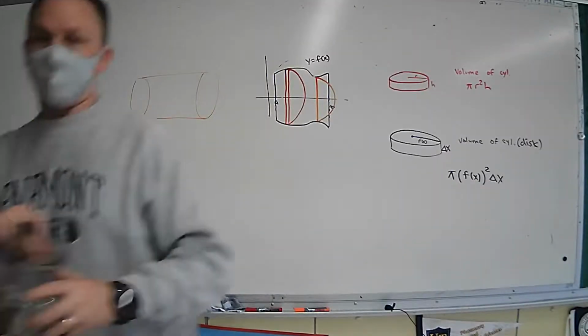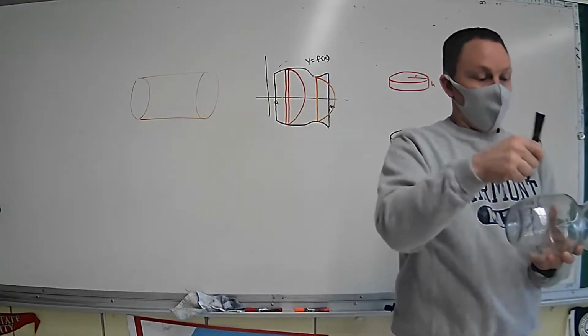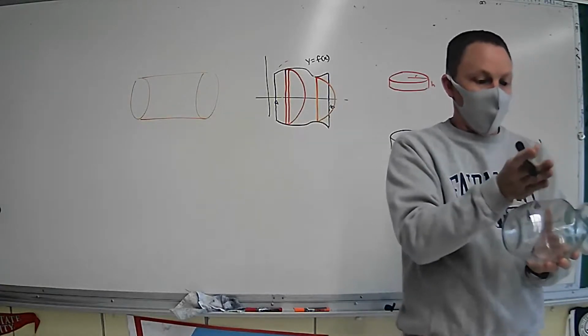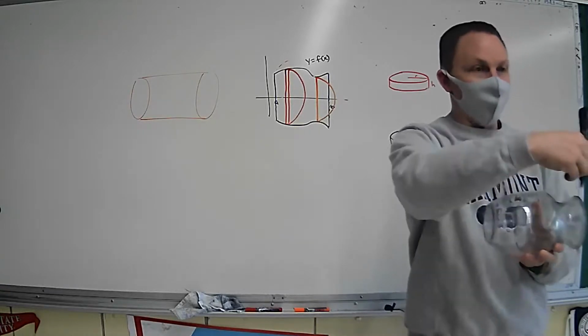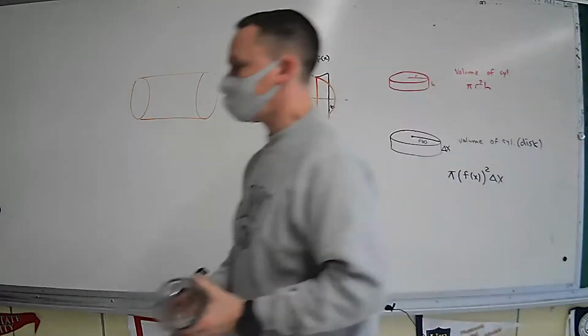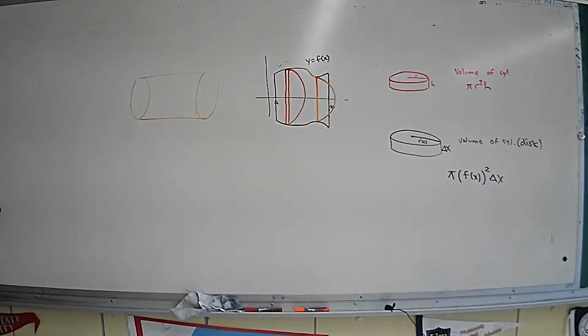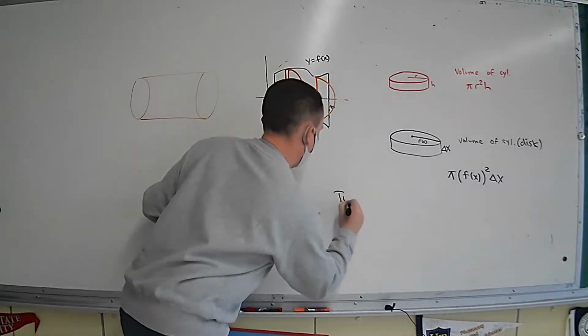So if I'm looking at this vase and I want to slice one of these, the volume of the slice that I'm going to cut off is going to depend on how far I am this way. So what could we say then the total volume of the vase is going to be?